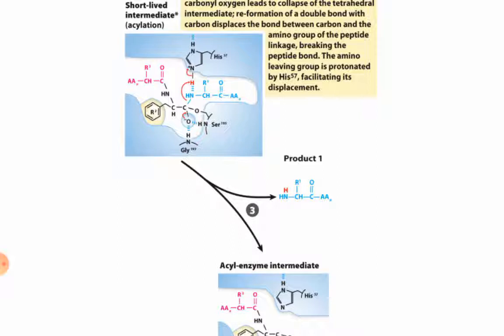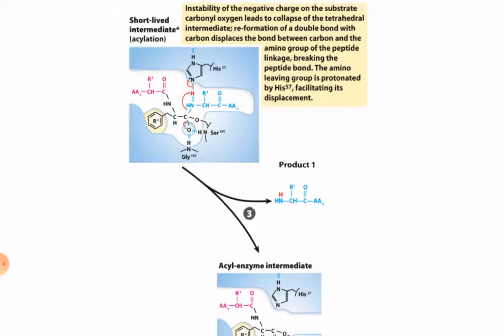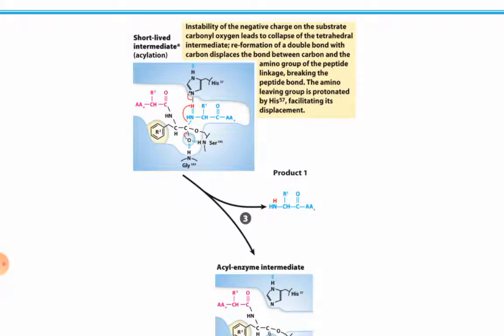The amino leaving group is protonated by His 57, facilitating its displacement. So here there is a breakage of the peptide bond.